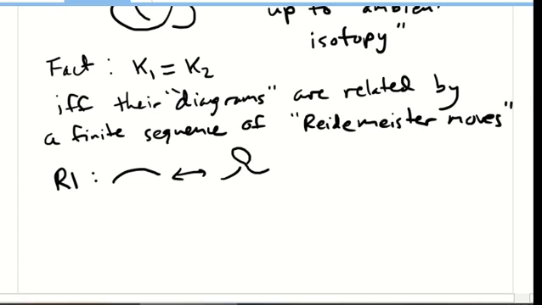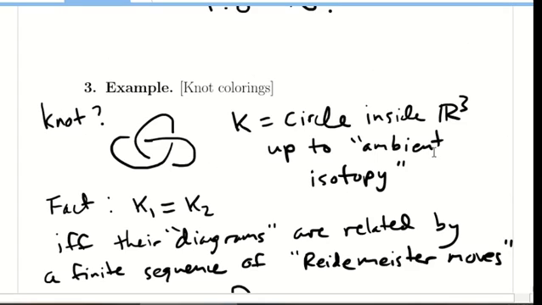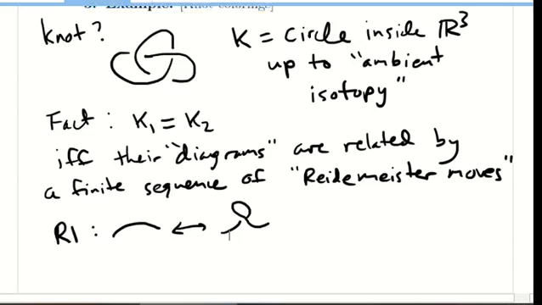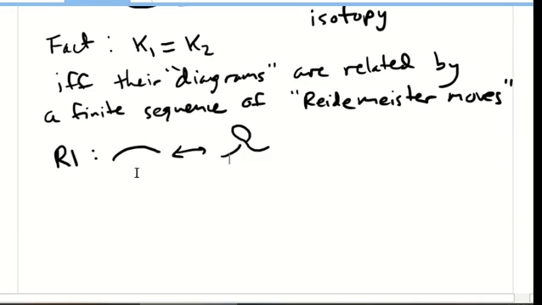Essentially, I didn't say this. Ambient isotopy means I can move these strings around, but I cannot cut them or put one through the other, right? It's like a physical piece of rope. Okay, so these Reidemeister moves are going to be a diagrammatic way to relate two knots.